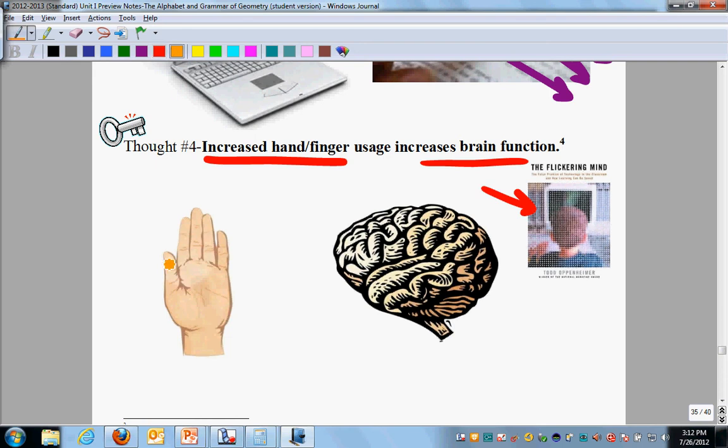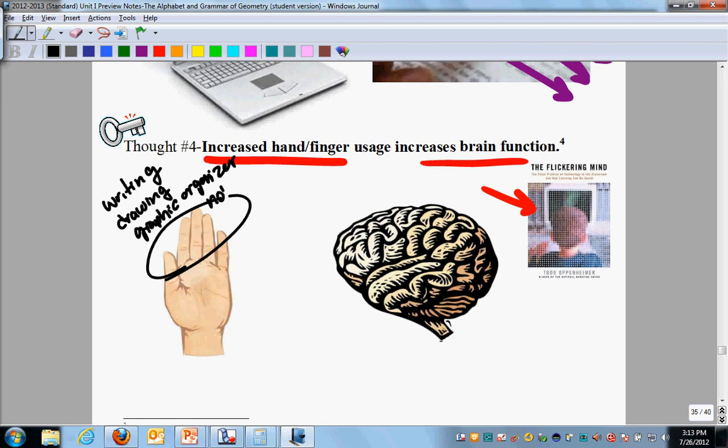So what that means is, when you do things to increase your finger usage in your study, such as writing things out by hand on paper, making drawings of information, making graphic organizers, using note cards, making note cards, highlighting on paper, making physical models.